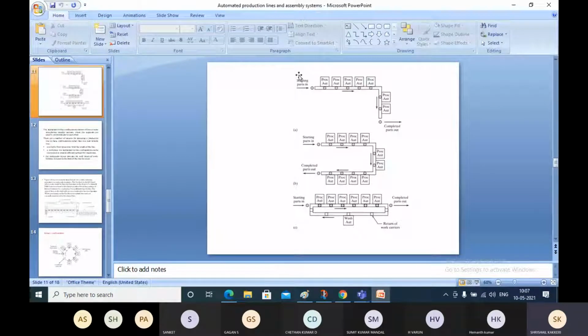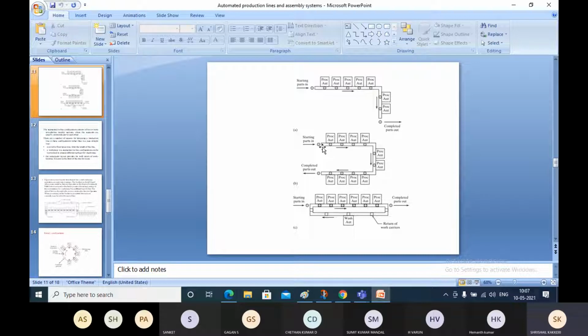You can see that the production automated system 1, 2, 3, these are the different workstations. The work part will be starting from the raw material entering here, and the finished part will be taken from this. Since the orientation of this line transfer system is kept in the fashion of L shape, it is called L shape.